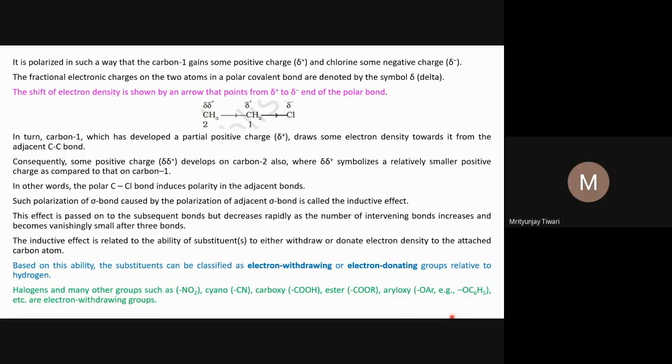Similarly, like the aryl oxy group, we can have an alkoxy group, an alkyl group with oxygen, like CH3O. These are also electron withdrawing groups. And then again, as I said earlier, the C triple bond CH group is also an electron withdrawing group. The phenyl group is also an electron withdrawing group because of the presence of double bonds.